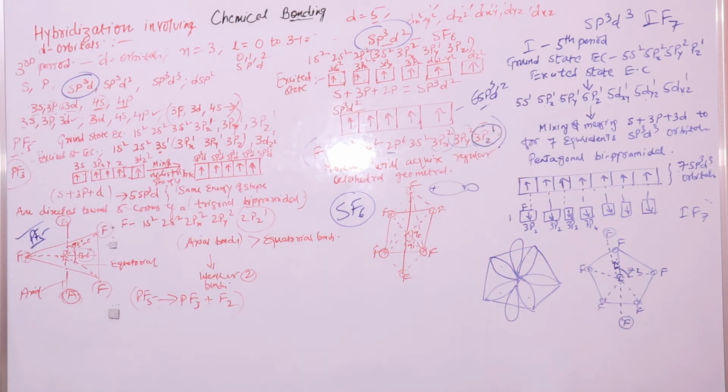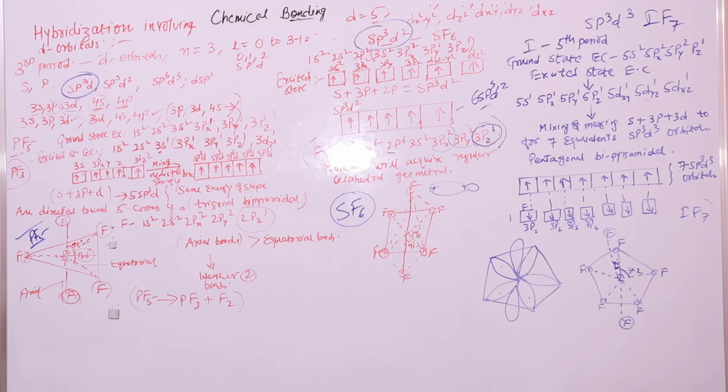So these are the bond angles in the molecule of iodine fluoride, the IF7 molecule. The 5 equatorial bonds form an angle of 72 degrees with each other, whereas the remaining 2 axial bonds, which are perpendicular to the plane of the pentagon, make an angle of 90 degrees with the equatorial bonds.